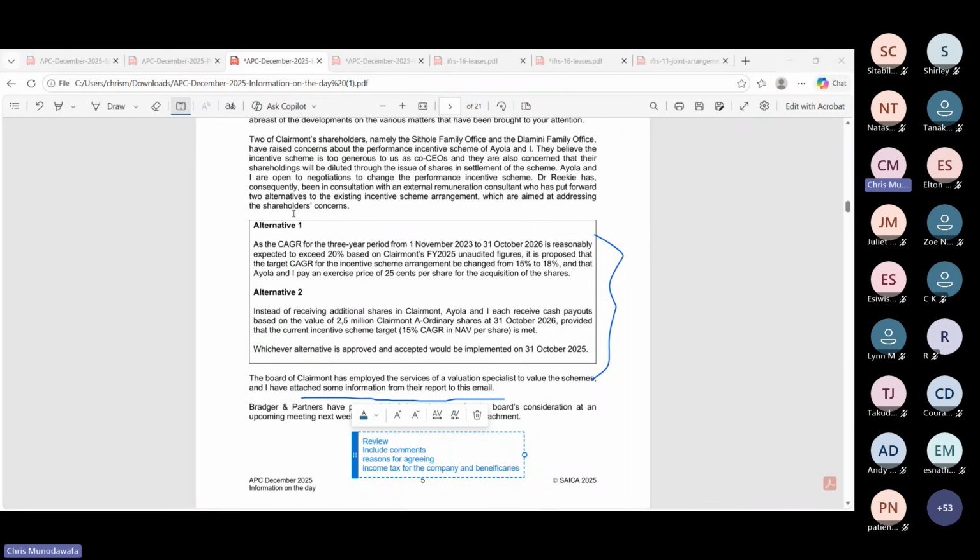Then you link the principle to the specific facts in the pre-release or information of the day. Then, where necessary, you perform the relevant calculation. Then evaluate the alternatives: option 1, option 2, option 3. Why am I picking option 3?